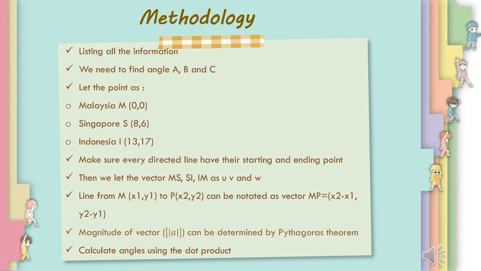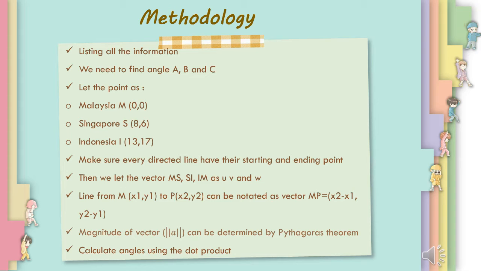Next, methodology. Listing all the information, we need to find answers A, B, and C. Let the points be Malaysia (0,0), Singapore (8,6), Indonesia (13,17). Make sure every direct line has its starting and ending point. Then we let the vectors MS, SI, IM be u, v, and w.